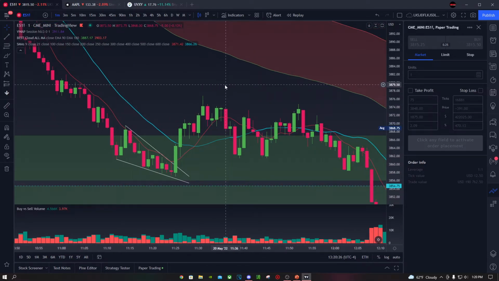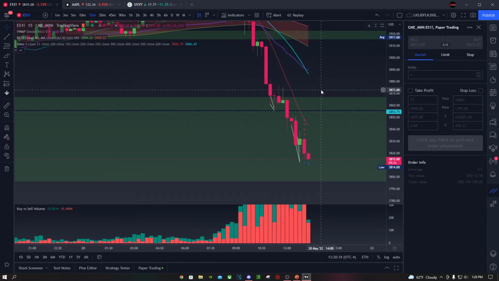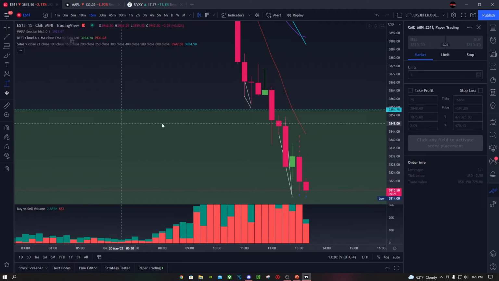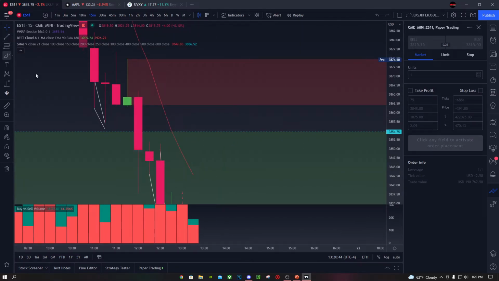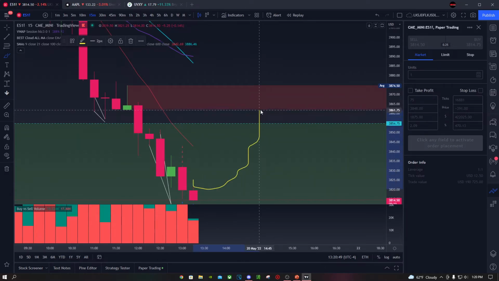But yeah, there's basically a ton of passive sell orders here. Let's see if I can find a new supply zone. So here we go. This is a 15-minute supply zone, which we'll show later. Right there. Basically, if the ES comes back into this zone, there's going to be a ton of passive sell orders here, so there's a good chance that we end up dropping back down.